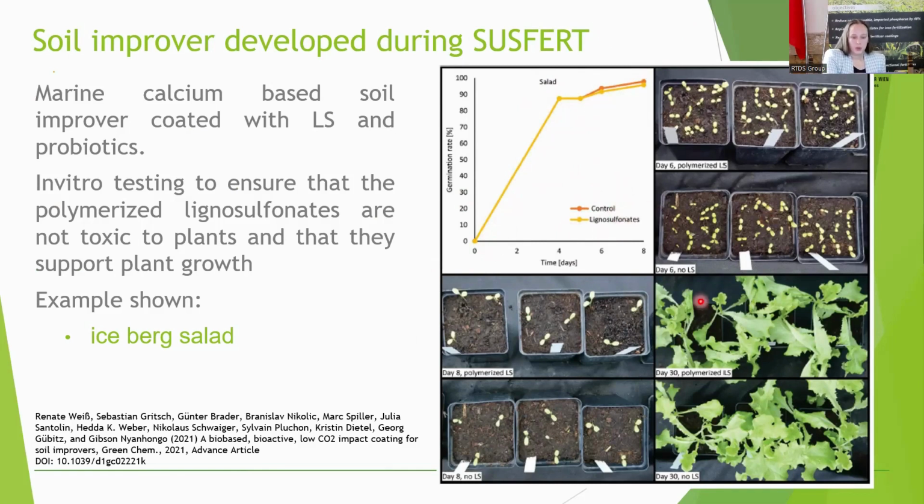And also during the growth, you cannot see or measure any negative effects. If the lignosulfonate is applied to the system, just to explain it a little bit better, in this trial, you actually do not add the soil improver as a finished product, but you test the lignosulfonate coating in an excess amount on the plants to test if it's toxic to the plants.